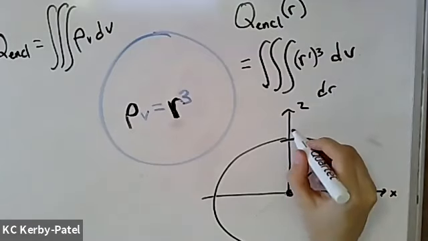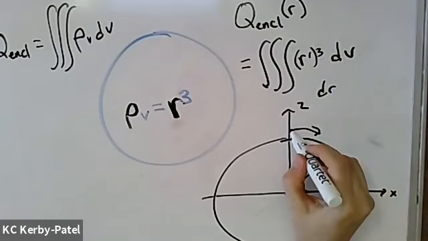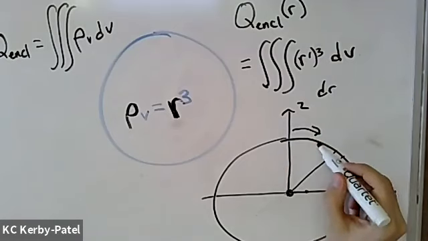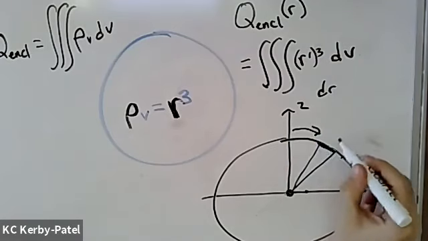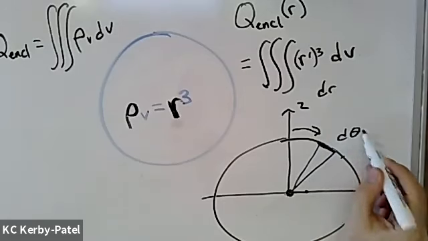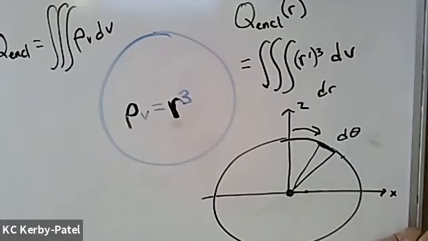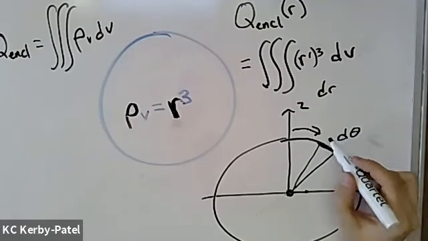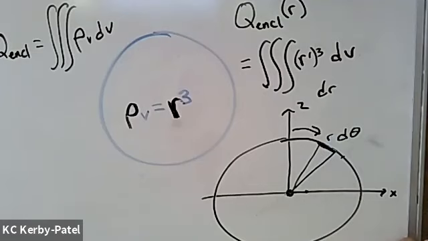If we move something along theta, remember theta is defined as down from the z-axis. So if we go along theta, this sweeps through an angle d theta, but again, angles don't have dimensions of length, and we need to know the arc length of this, so we have to add a multiple of r on the front. So far, so good.